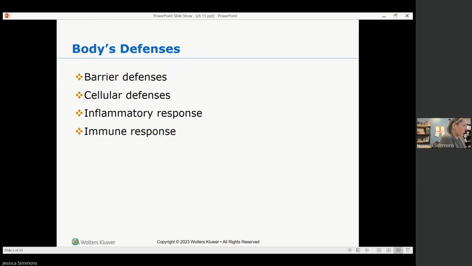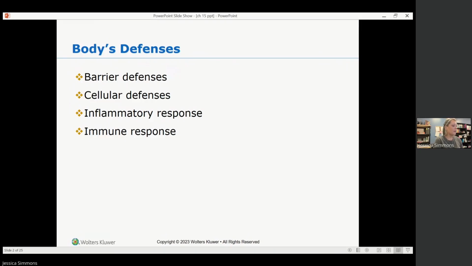Barrier defenses are your skin, mucous membranes, gastric acid, and the major histocompatibility complex. This is the body's last barrier of defense, the ability to distinguish between self cells and foreign cells.